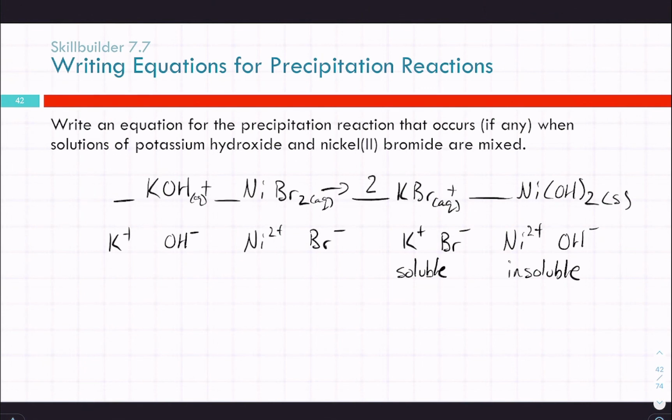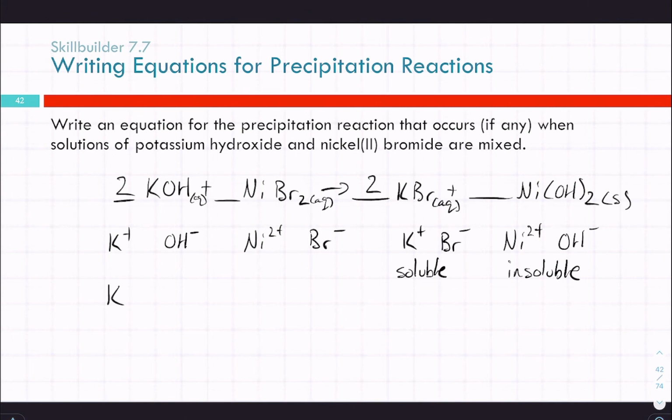So out of two. Now, we could go either way, right? Because now that we changed that, we can go back and say, oh, well, potassium changed now. So let's go back and do potassium. We'll put a 2 here. And then hydroxide now has 2. On the right, we have 2 hydroxides. We have 1 nickel, and then on the left, we have 1 nickel. So they are all balanced.